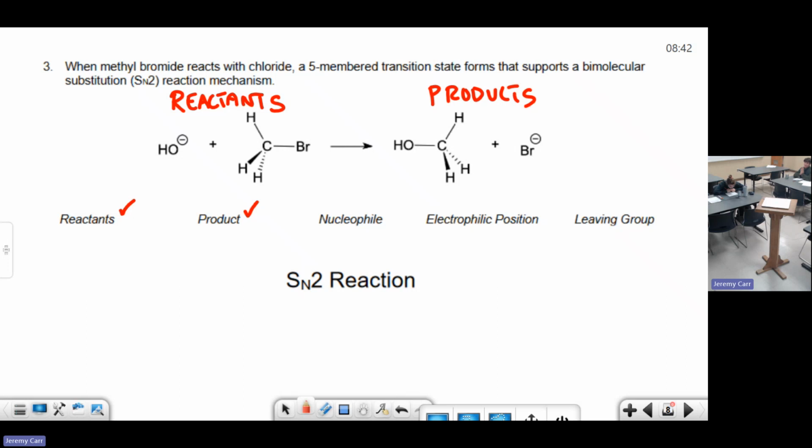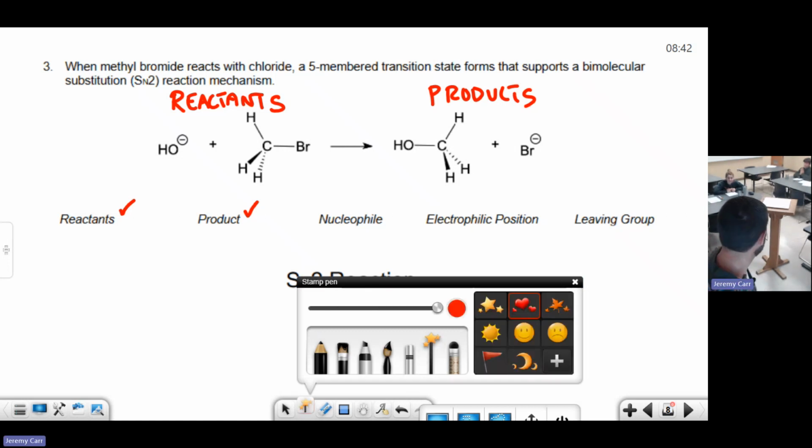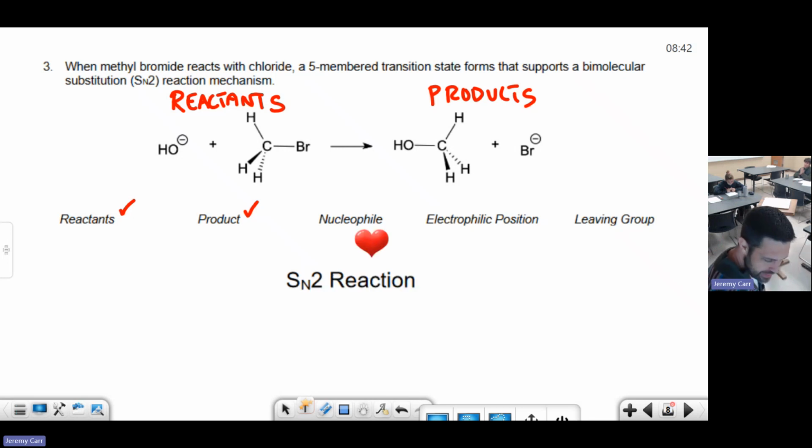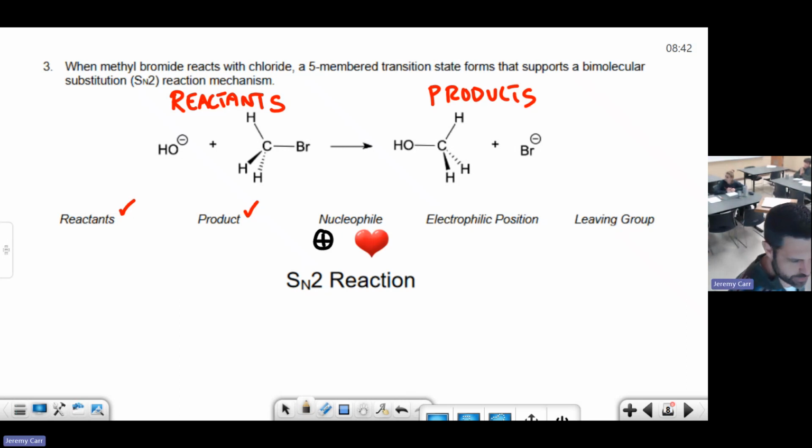So nucleus, what's a nucleus? What sort of charge is a nucleus? Electrons are what? Negative or positive? Negative. So nuclei are what? Positive. So this literally means lover of positive charge. That's really what that is pretty much saying here, right?